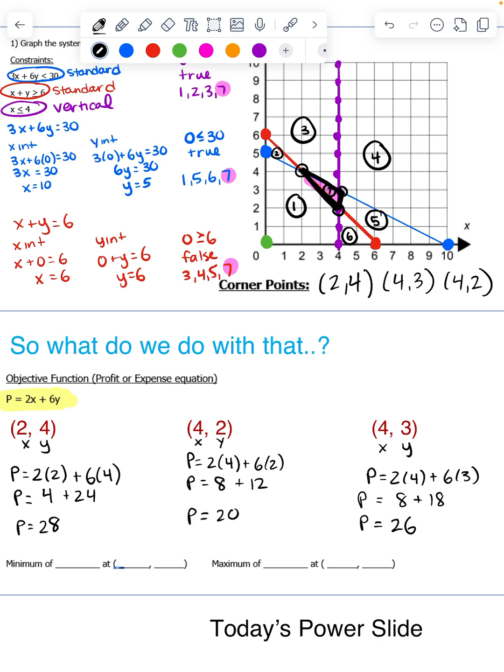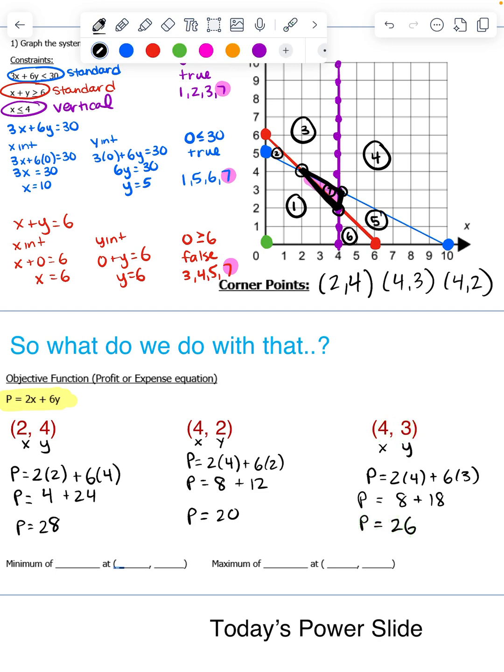So now I know what the profit would be for each of those. If they did this scenario here, 2 plain, 4 pepperoni, they'd make 28 bucks. Maybe that's not this situation, but just to give you an idea of what it could mean. 4 plain, 2 pepperoni, they'd make $20. 4 and 3, they'd make $26.